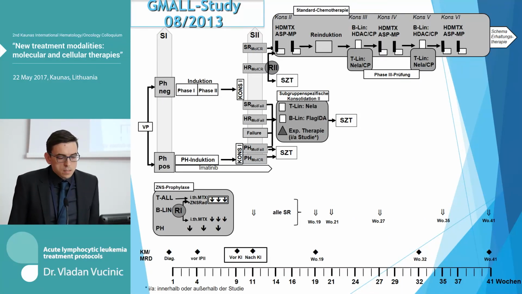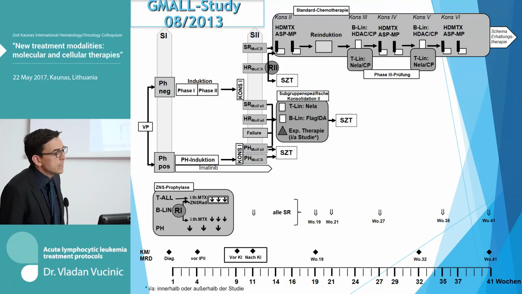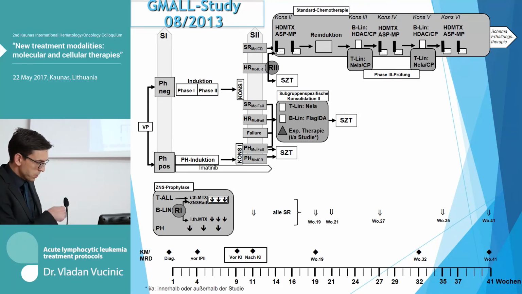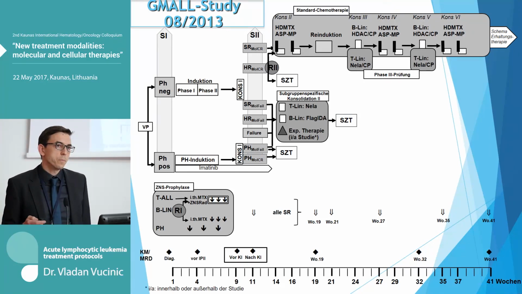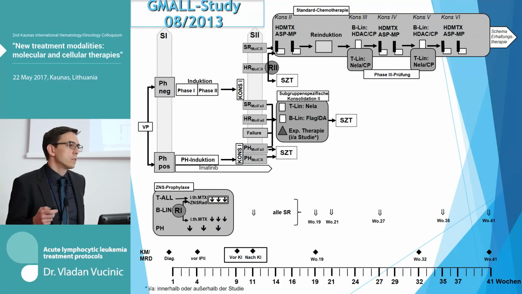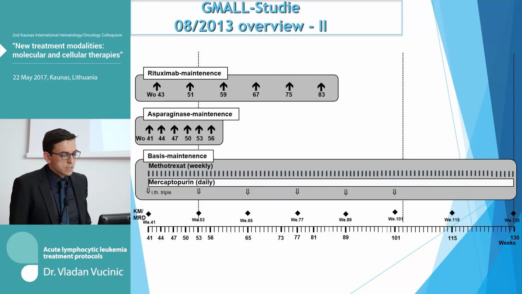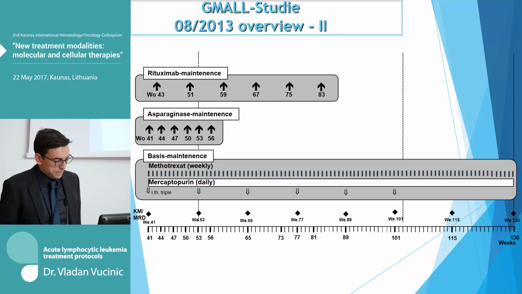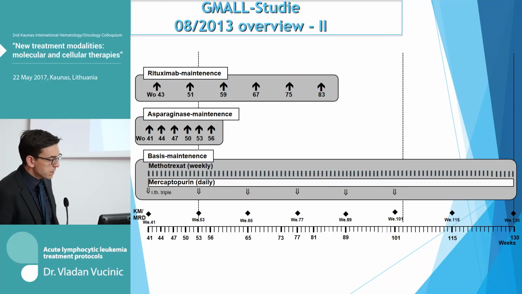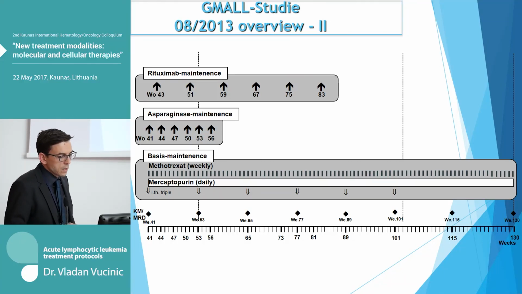So the concept is definitely not simple, and there are very many stratifications and very many crossroads in order to bring the patient to the end of the therapy. This is the overview of the 2nd and 3rd year of the therapy.